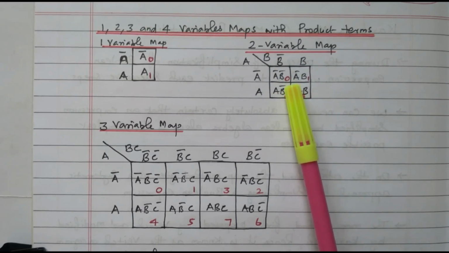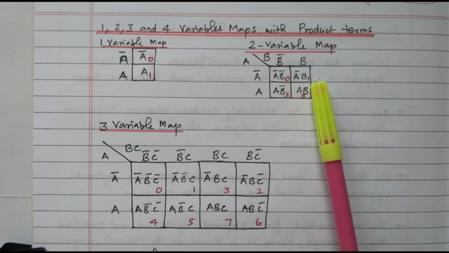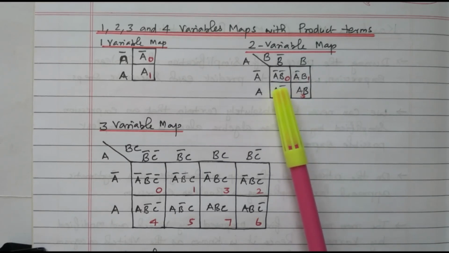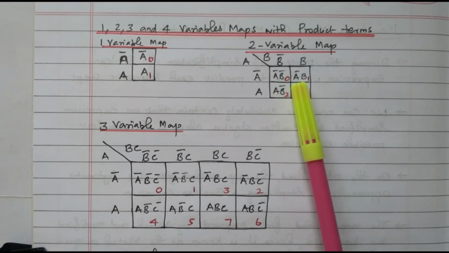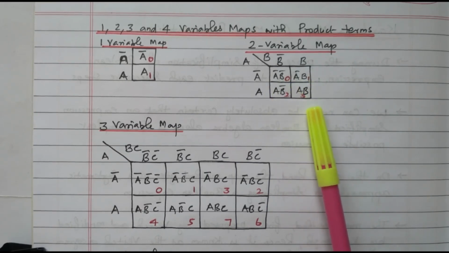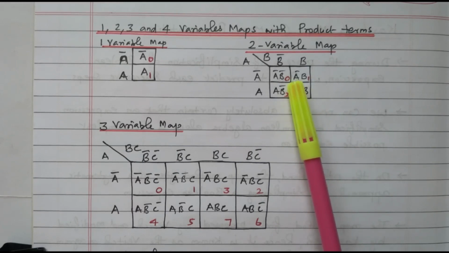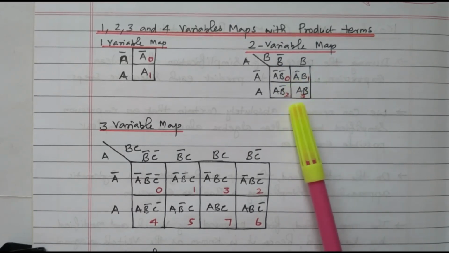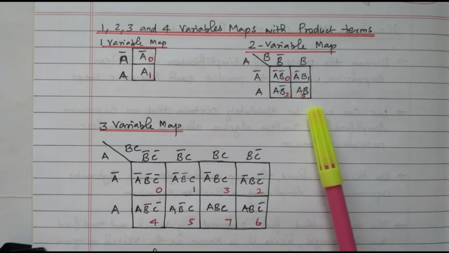So the values, while representing the min terms, are 0, 1, 2, 3. By expression also we can give the terms, A bar, B bar, A bar, B, like that. Sometimes the min terms and max terms will be given, so that is also represented. The first cell represents 0, second 1, third 2, fourth 3. We can represent this, the red color represents the min term.